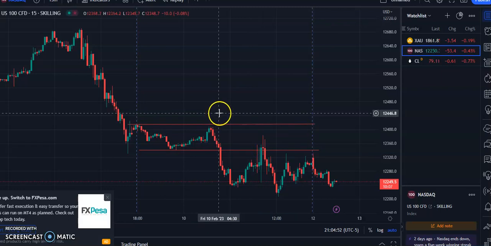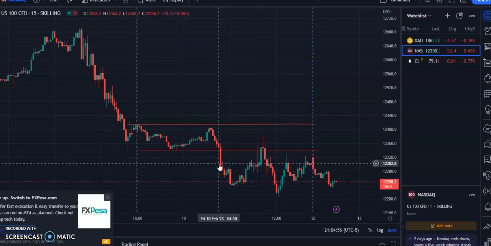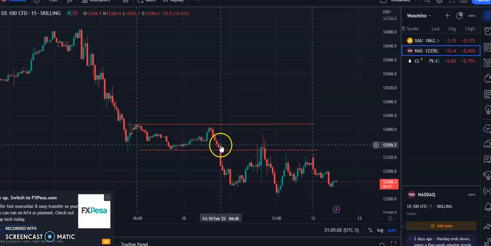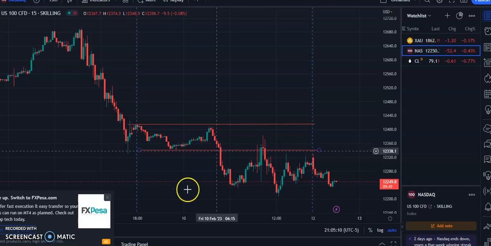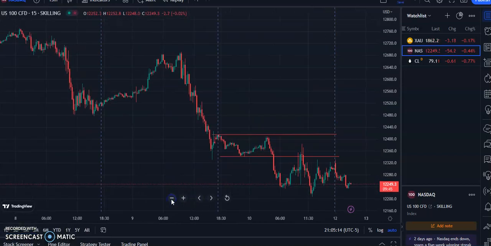The market breaks out. This is a breakout. So, if you are trading breakouts, that is good. If you are looking for reversals, because the best setups are usually pump and dumps.